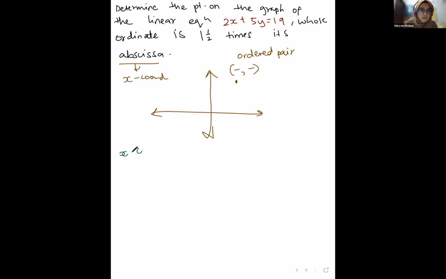Let x be 0, then the equation will be 0 plus 5y plus 19 is equal to 19. Then 0 plus 5y is equal to 19, and 5 goes to the RHS, and y is equal to 19 by 5.